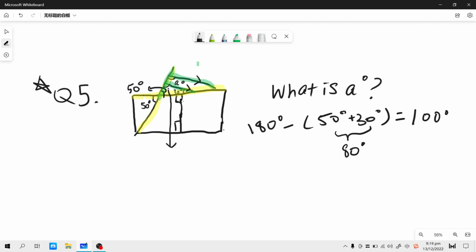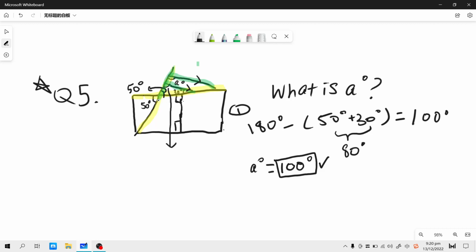Parallel, so that means this angle equals angle A. So angle A literally just equals 100 degrees, and that's our answer. So that's the smart way. This is the first method. You use the mirror image, vertical or opposite angle way to solve it, and the F way.